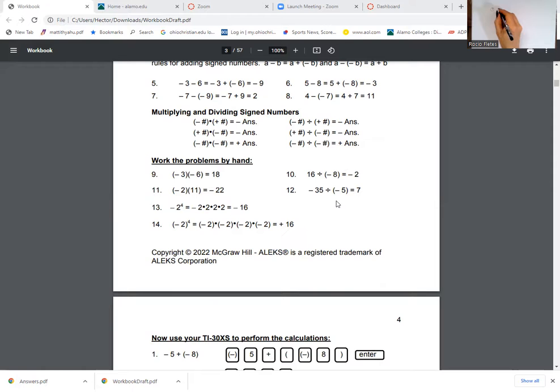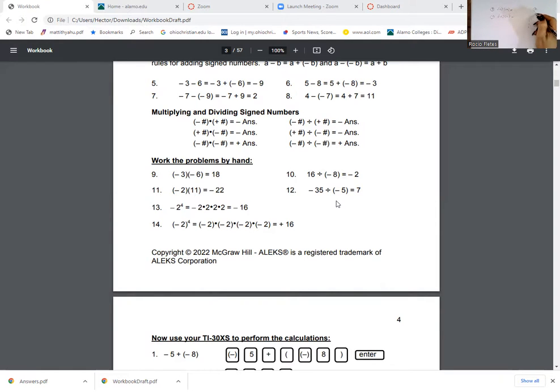So we have -3. Let me just write them down. I'm going to do 9, 11, and then some of the division problems I want to do also.